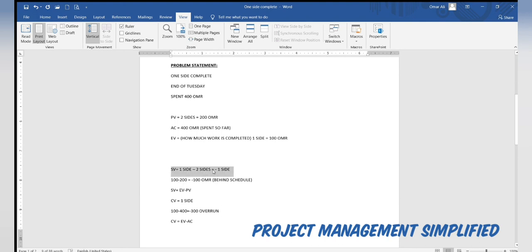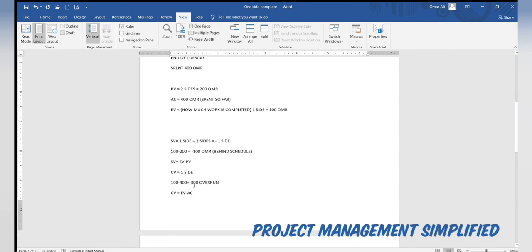You have to understand these questions by logic, but you also have formulas here. According to the baseline cost of work performed, it should be 100 riyals, but according to the baseline cost of work scheduled for two sides, it has to be 200 riyals. So we are behind schedule by 100 riyals.